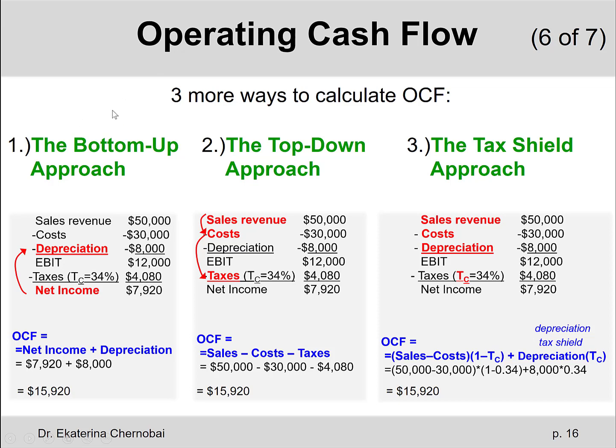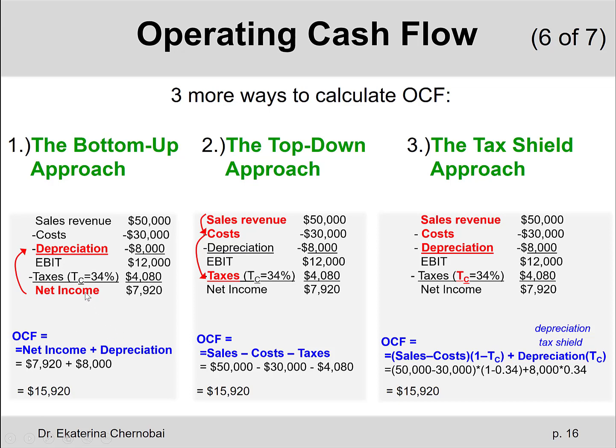So take a look at how the bottom-up approach works. It's true that there are only 2 numbers, but you're not given the net income. You need to go through the entire income statement to first find the net income, and only then you are working with just two numbers.